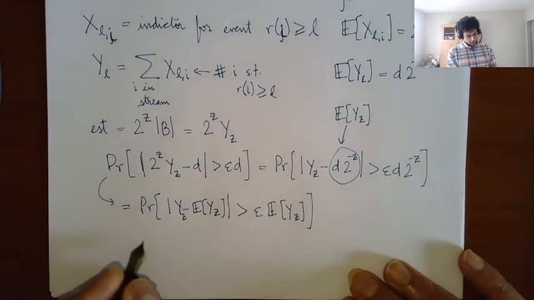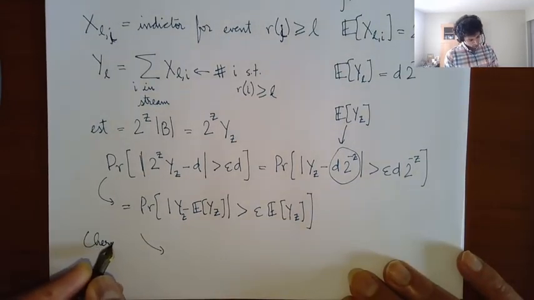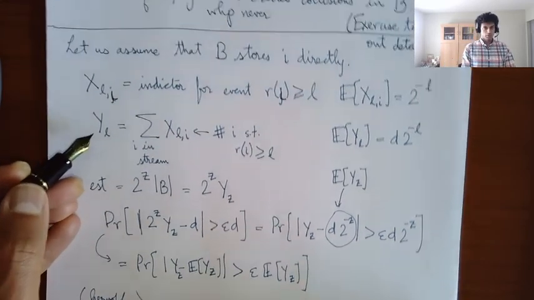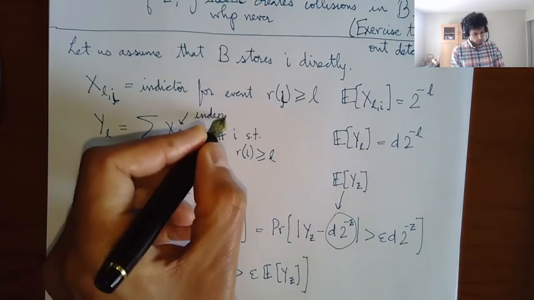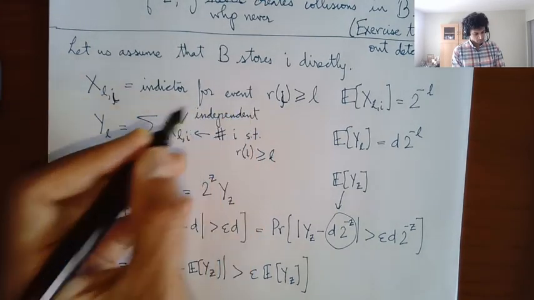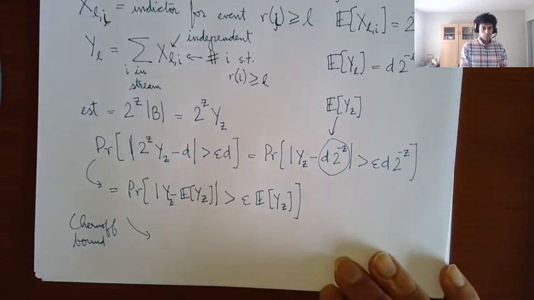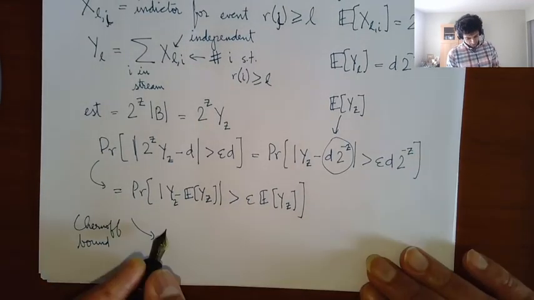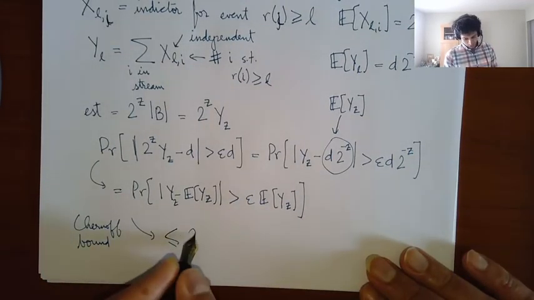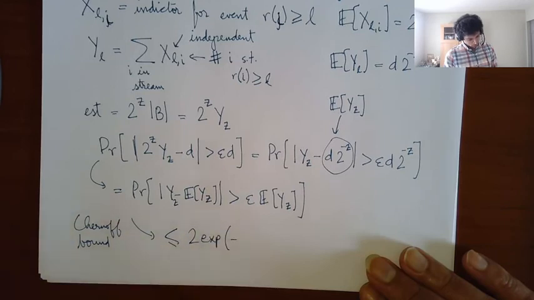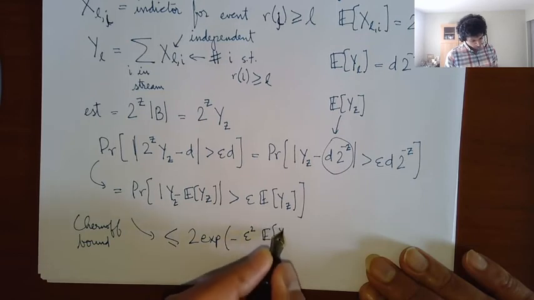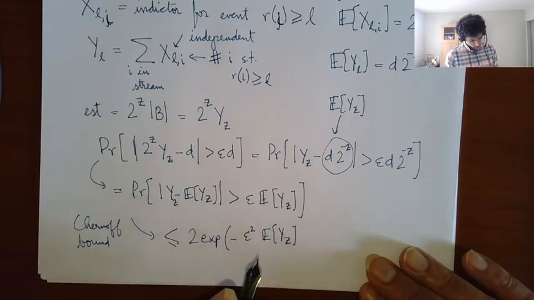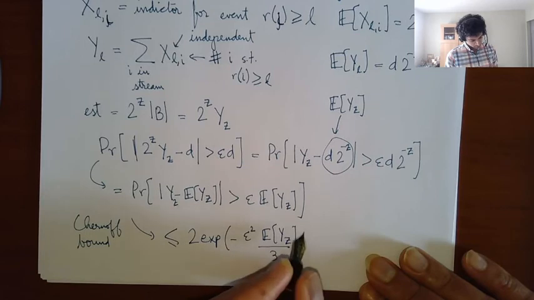And of course, remember these indicators are all independent. So by the Chernoff bound, this is at most 2 times e to the minus epsilon squared times the expectation of Y_z divided by 3.